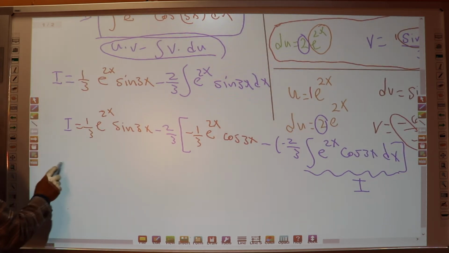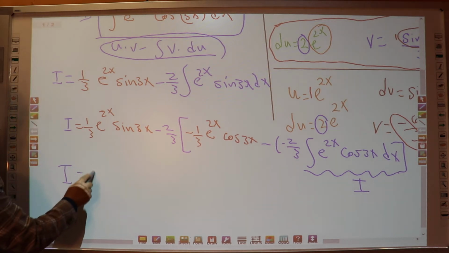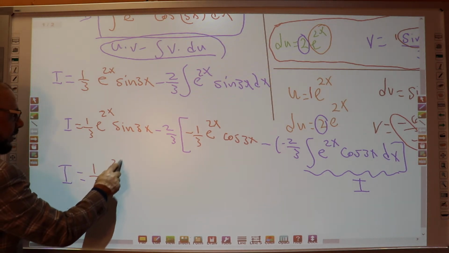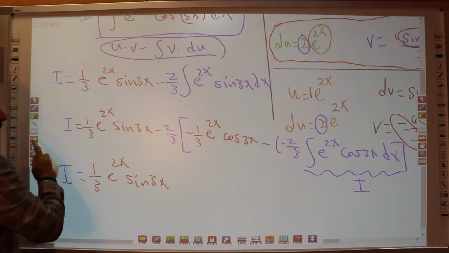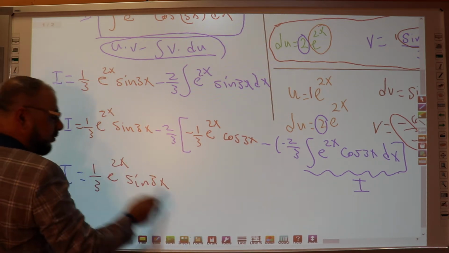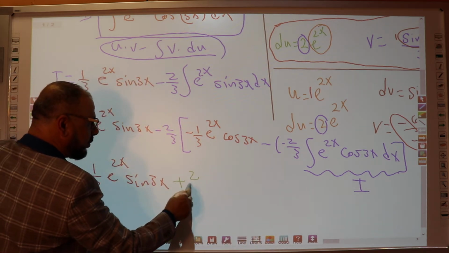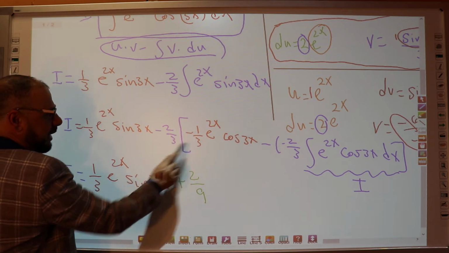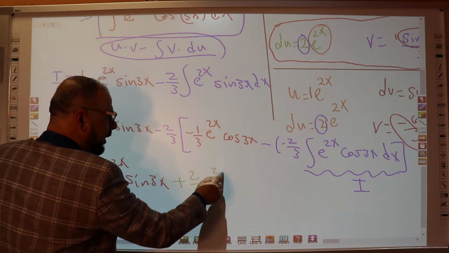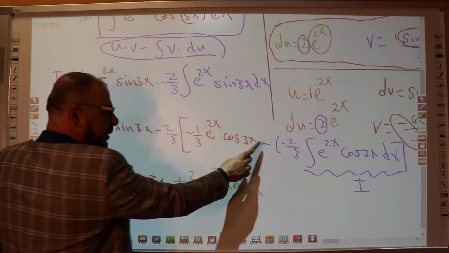I equals 1/3 e to the 2x sine 3x minus, different color, okay, minus plus 2 times negative 1 over 3 times 3, 9, e to the 2x cosine 3x.